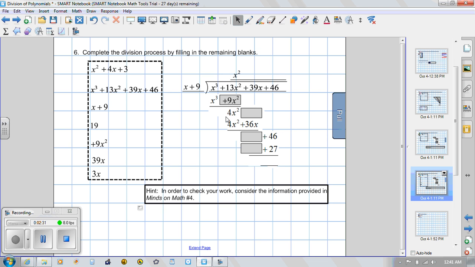If we continue the process, we now look at a comparison between the x term of the divisor and this quadratic term that we had left over once we had subtracted. Again, we need to ask ourselves, how would we get from the x term to this 4x squared term? The answer to that would be to multiply by 4x.